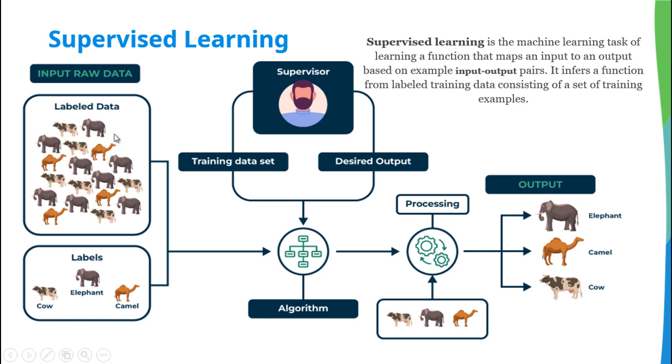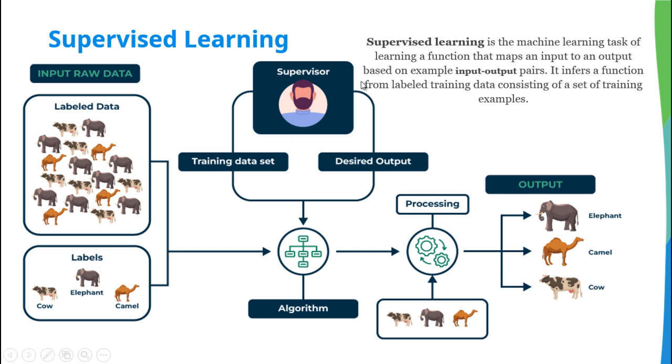One group is cow, one group is elephant, one is camel. These are already labeled. We call these target variables. You can call this one, for example, animal type.